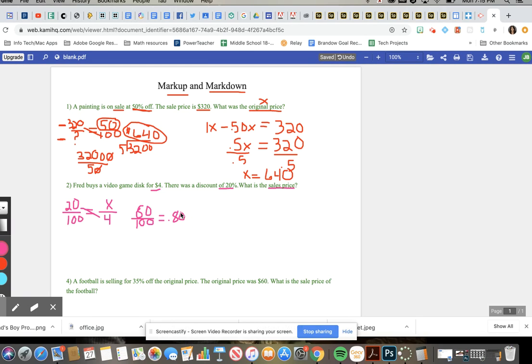Okay, so 80 cents is how much this video game is on sale for. So it's a 20% discount, and I have to take my $4 minus that sale amount of 80 cents, which leaves the price of the game being $3.20.